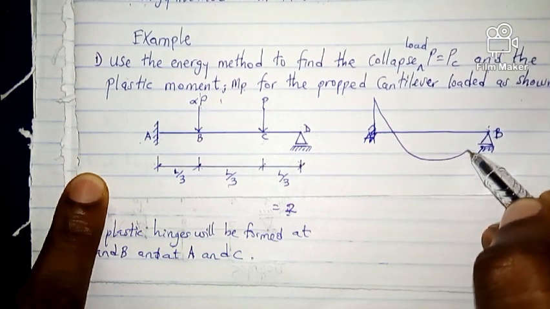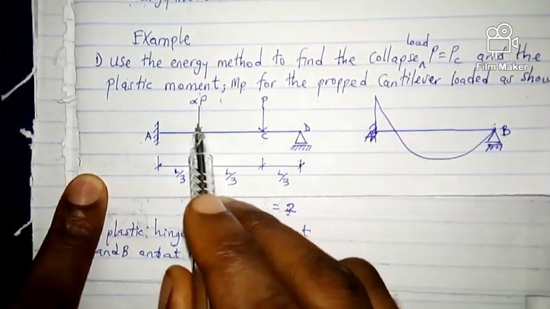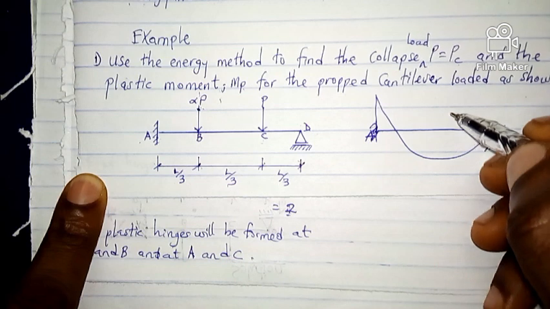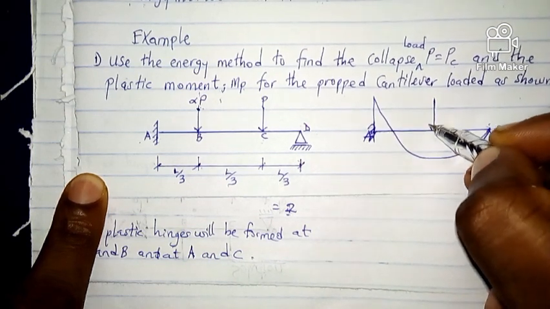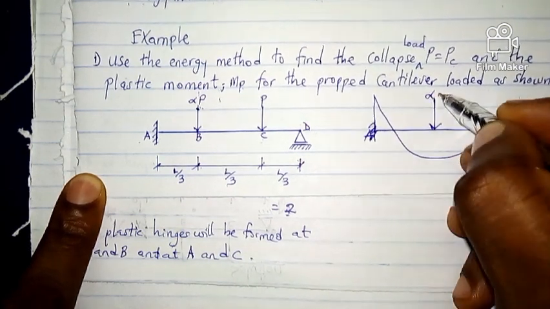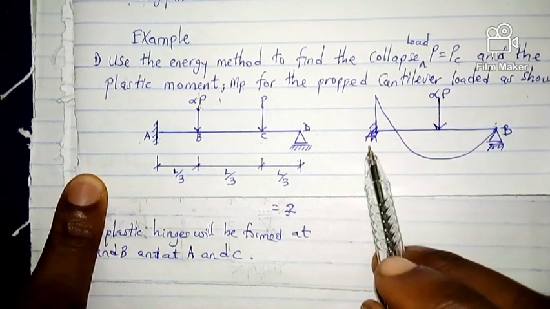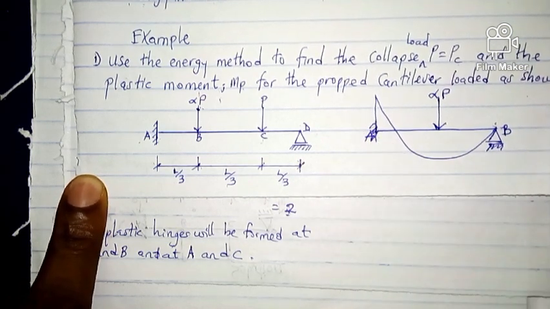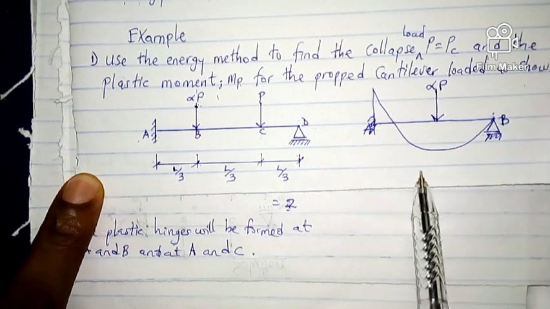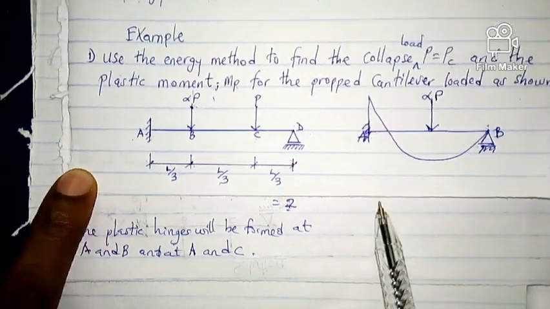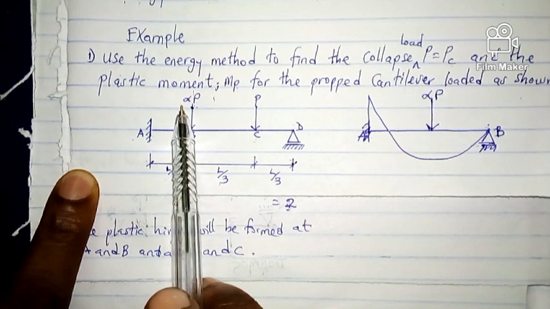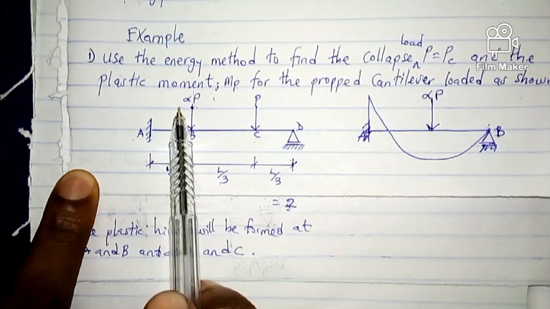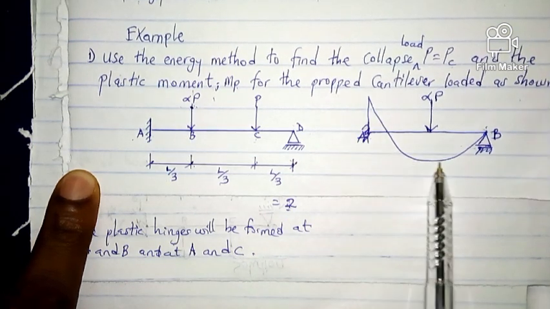Will be this way. If I'm considering alpha P, assuming one collapse load is being applied on this propped cantilever, if I want to draw the bending moment, this is how it's going to look like.